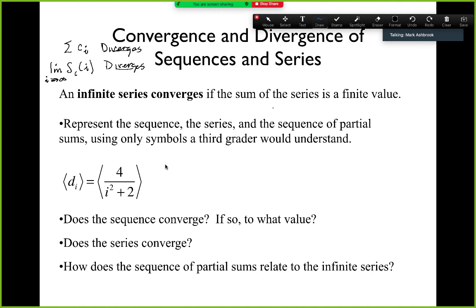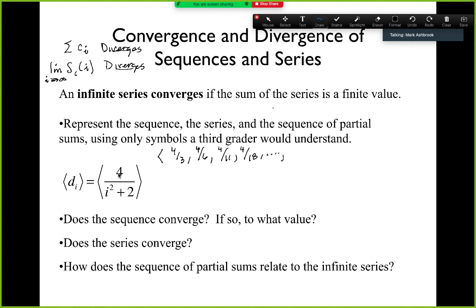Okay, this one. What is our series? So the series is 4/3, 4/6, 4/11. Am I doing the math right? 4/18, etc. What about the limit of this one? Approaching 0.